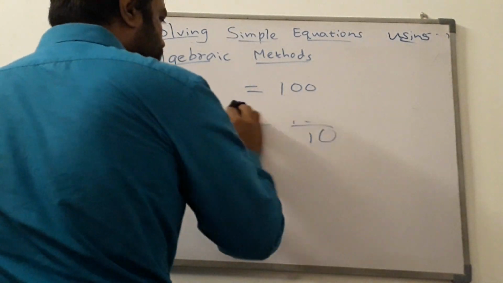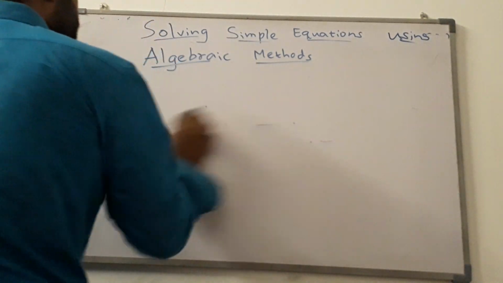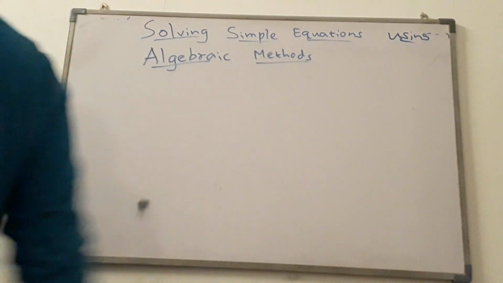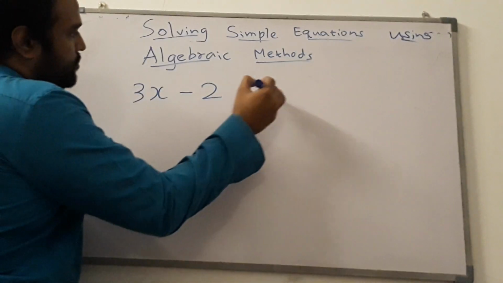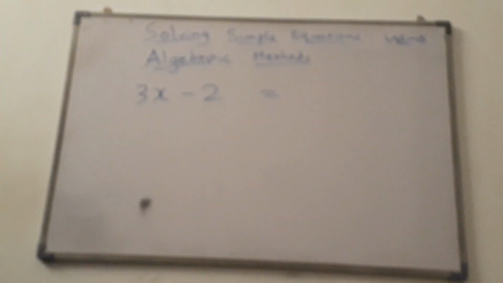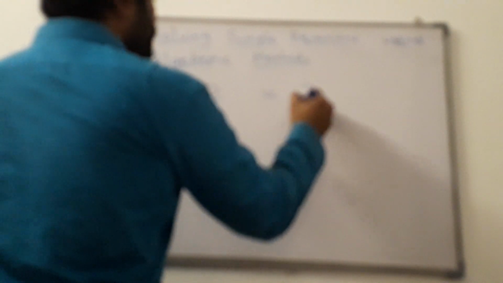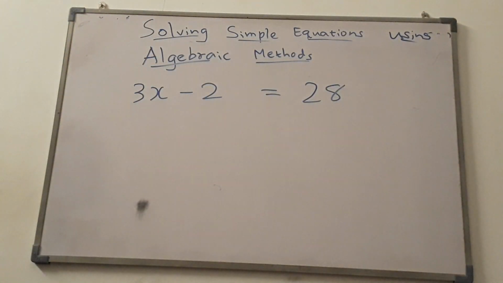Okay. We'll do a little confusing sum, a little intricate sum. 3x minus 2 equals 28. We want to find the solution for x.